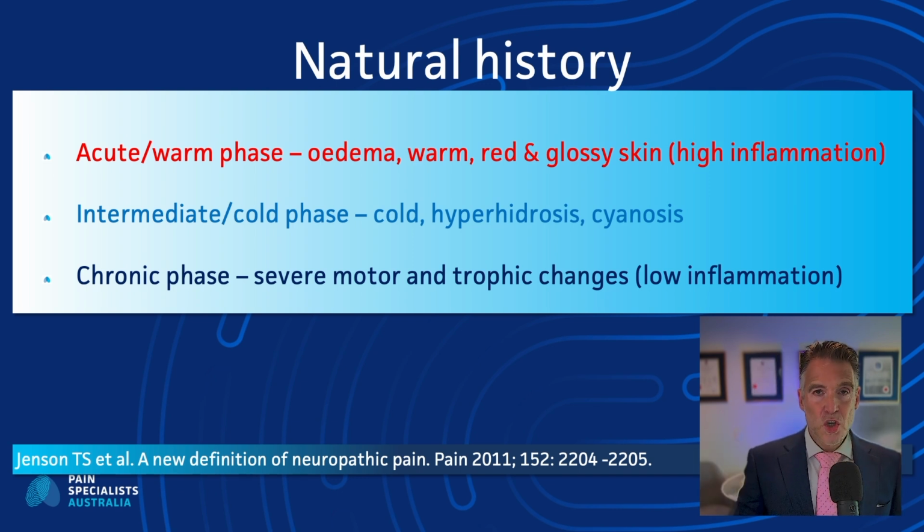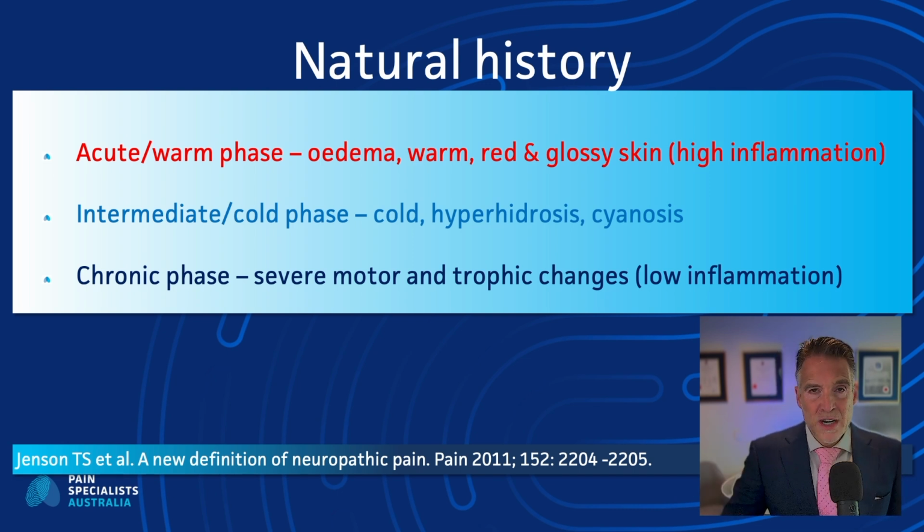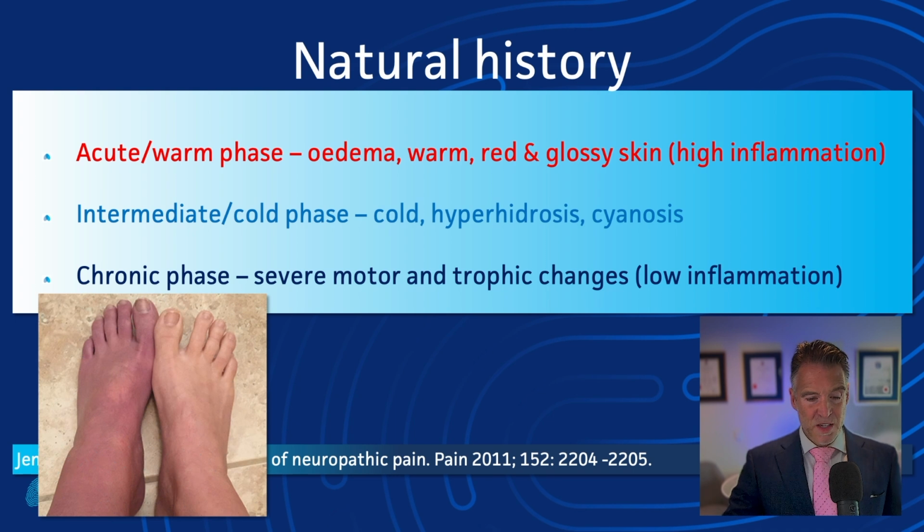You can get this acute, early, warm, swollen, red, glossy, high inflammatory complex regional pain syndrome, which is what happens when it is triggered. It then becomes a little cold and mottled. So there you've got the acute, red, swollen, inflammatory phase, which is generally easy to diagnose if you're looking for it.